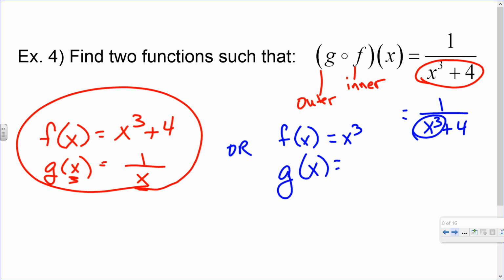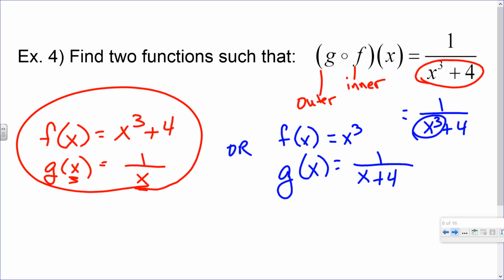What do I still need to do to the circle for this one? Olivia? I still need to do 1 over the circle plus 4, but my argument is x, so instead of circle, I write x again. So if they just give you the final result, there may be more than one way you could do it. You only have to do one, but we may have more than one correct answer for that.